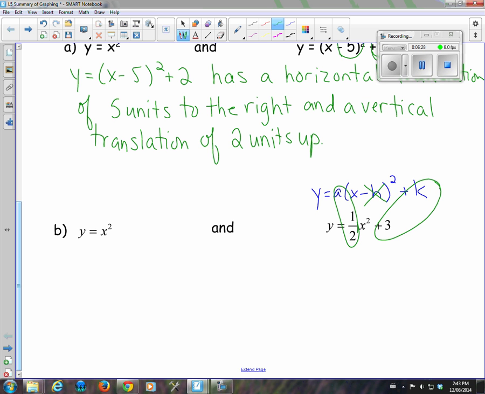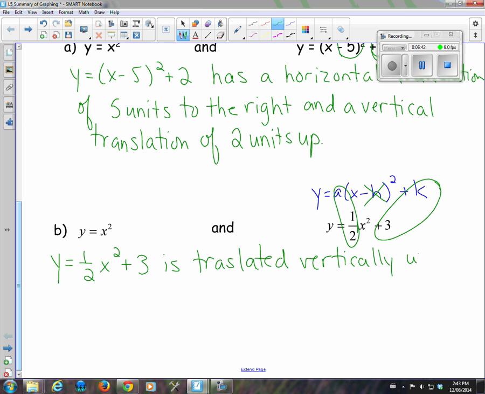So that's what I'm going to start with. It's easy. y equals a half x squared plus 3 is translated vertically up 3 units.